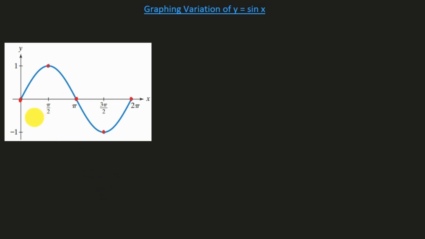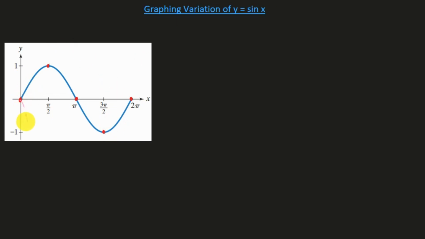So the x-intercepts occur at the beginning, middle, and end, and the maximum occurs at 1/4 of the period, and the minimum occurs at 3/4 of the period. So there are basically 5 key points, right?